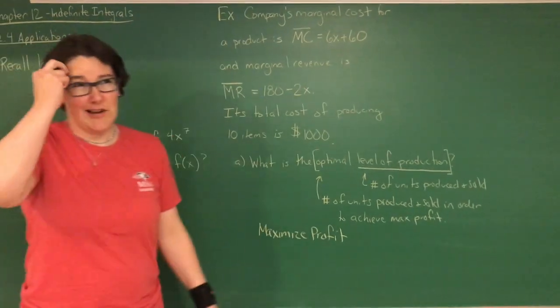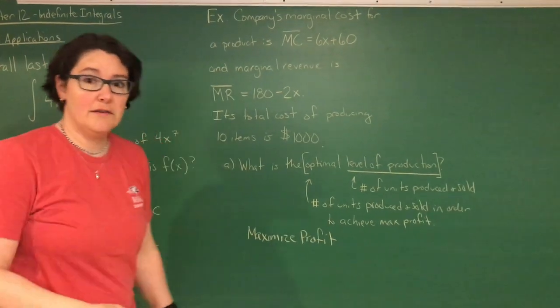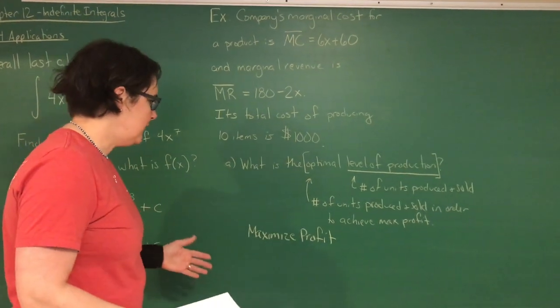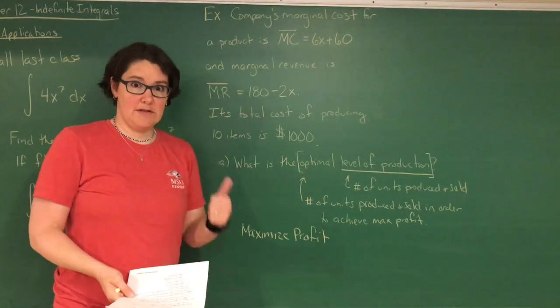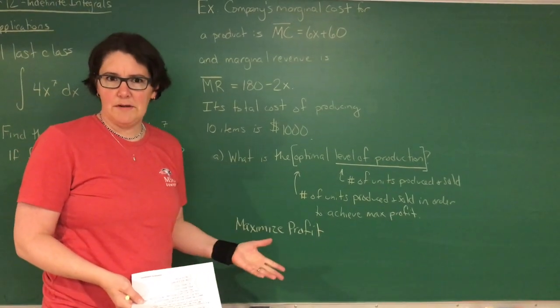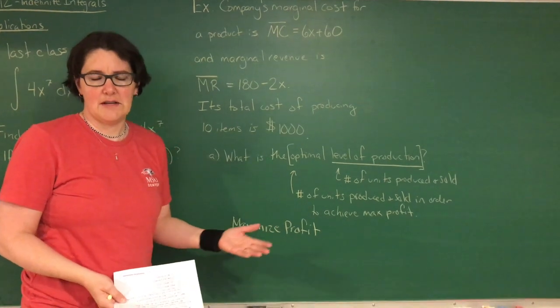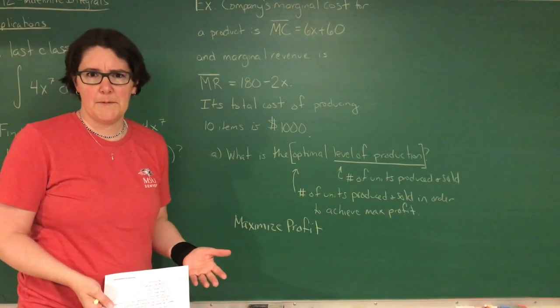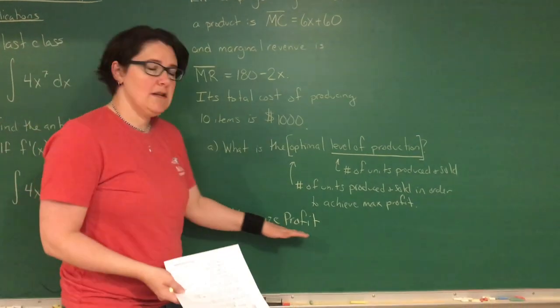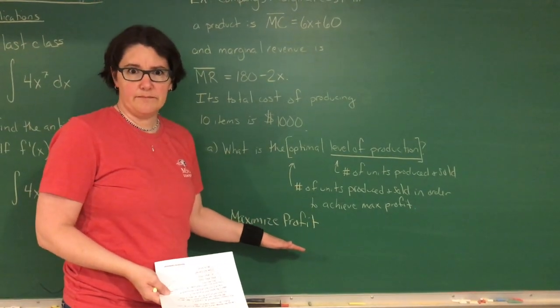Now, in chapter 10, I think it was, when we talked about max-min problems, our process was, when we want to maximize profit, step one is to find a profit function, and then we took the derivative of that function and set that derivative equal to 0. So what that would mean is that we would need to come up with a profit function.